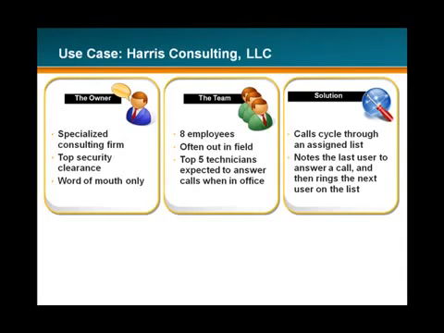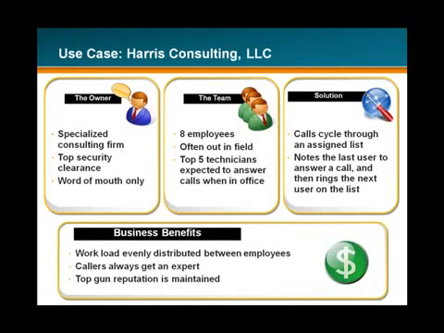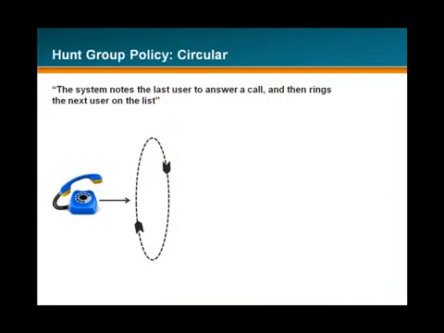This ensures the workload is distributed evenly amongst a small team, and everyone is given their turn of fielding calls. This hunt group policy is called circular. Harris Consulting has now ensured their callers always get an expert, and their top reputation for confidentiality is maintained.